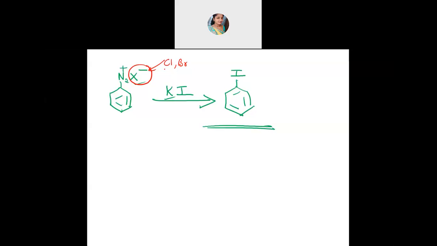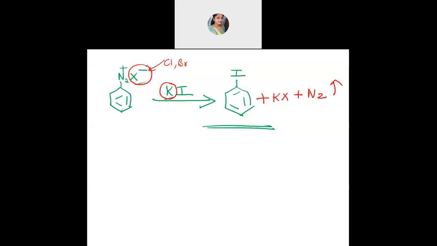If you are taking HCl, then this will be chloride. It will go with K, and KX will be formed, plus nitrogen will be formed here, like this. So this K will combine and form a salt, KX, potassium and then halogen.